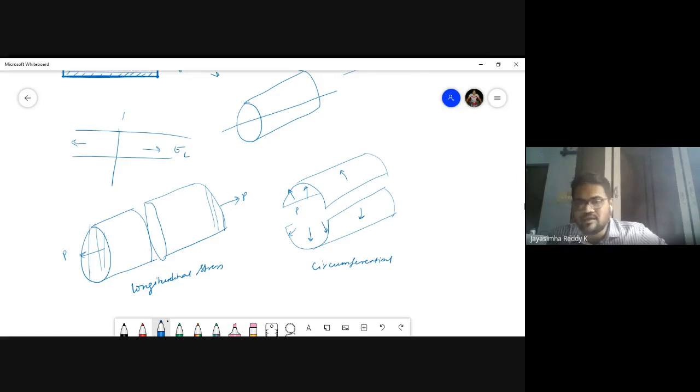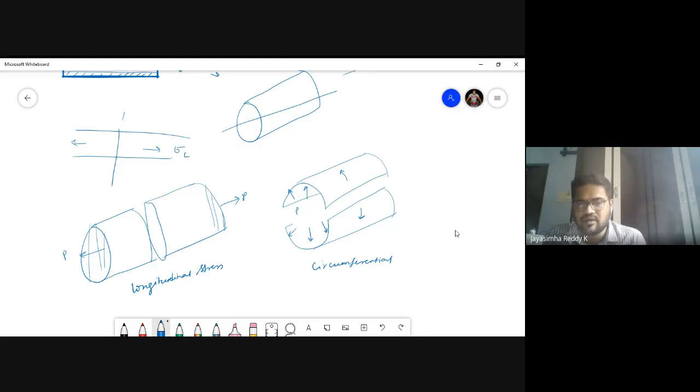I hope you are clear, students. Any doubts here? Let me know. These two things, if you understand very carefully, we have to solve derivations for these.